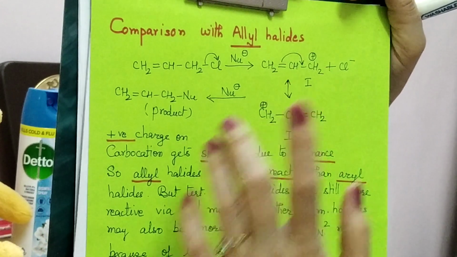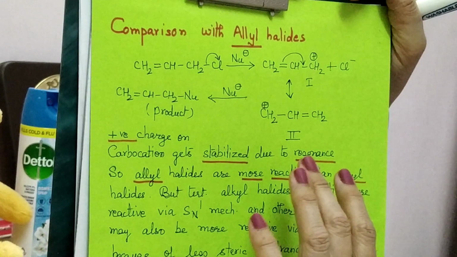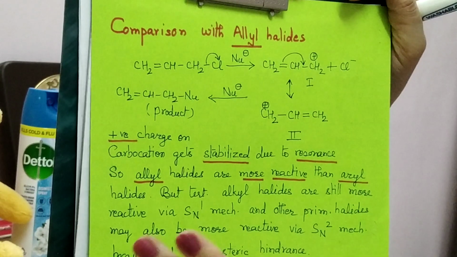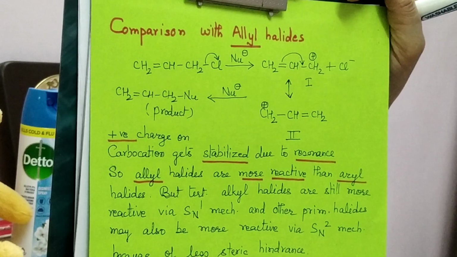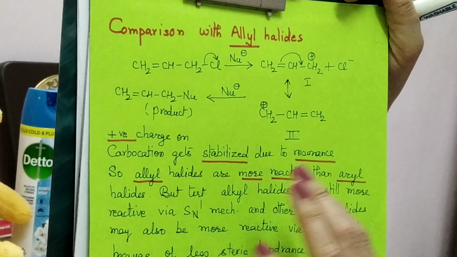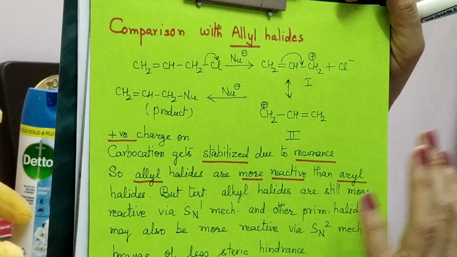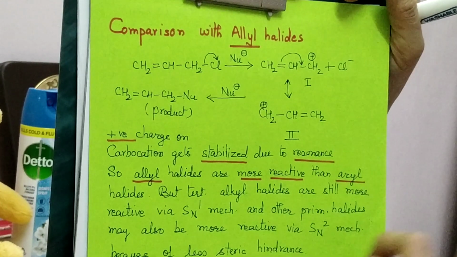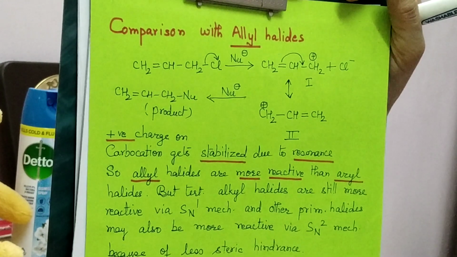So, if we compare the reactivity order, then depending upon the conditions, allyl halides may or may not be more reactive than alkyl halides, but definitely both allyl and alkyl halides are more reactive than aryl or vinyl halides.